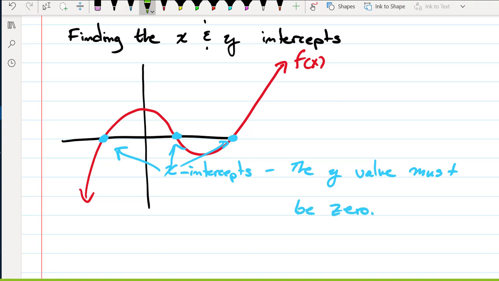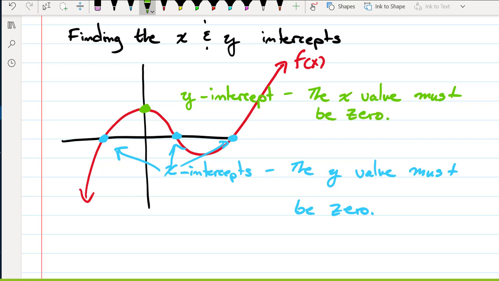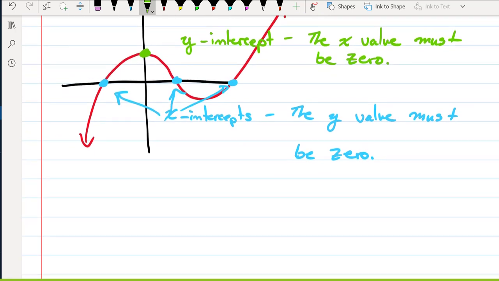And we notice something similar when we cross the y-axis or the vertical axis. So here we have our y-intercept. And on this, we notice that the x value must be 0. So that is the key to finding our intercepts.